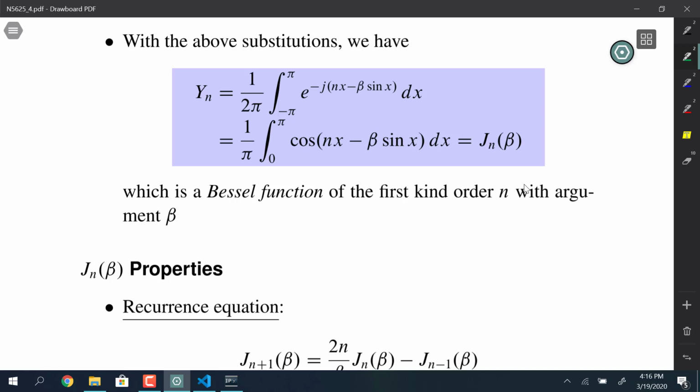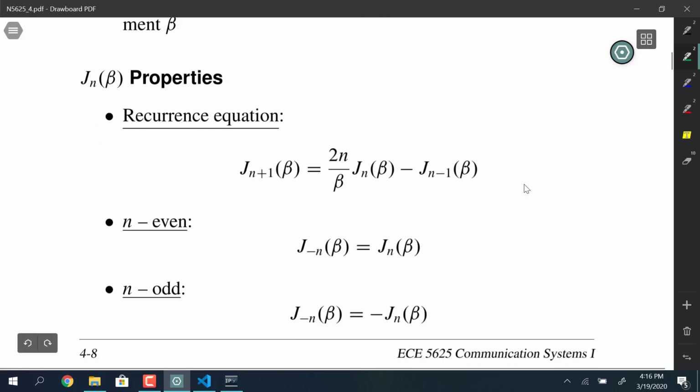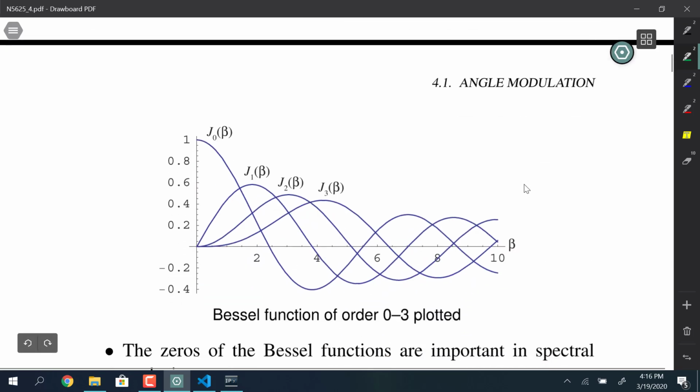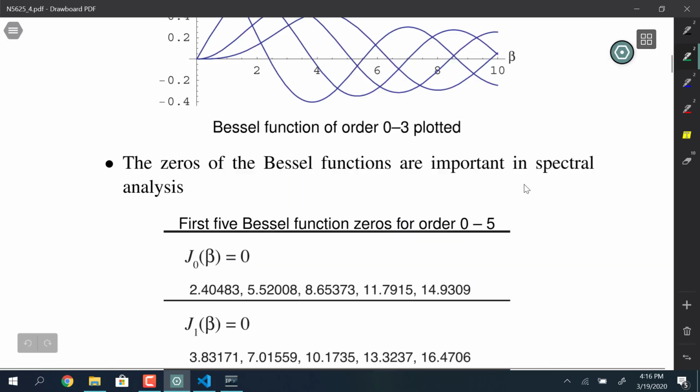It's a solution to Bessel's differential equation, actually. First kind, order n, with argument beta, which Bessel functions show up in electromagnetics and in optics when you've got circular symmetry and you're solving differential equations. This is what the plots of the Bessel functions look like.